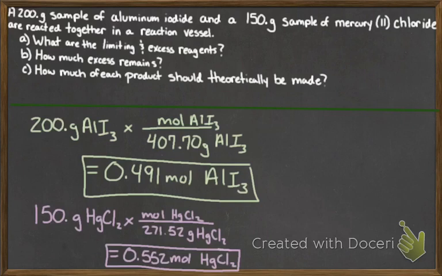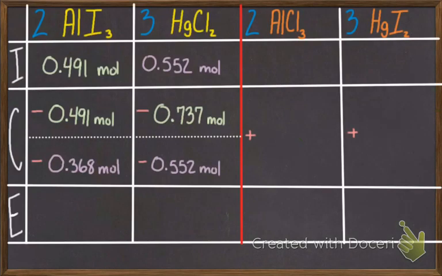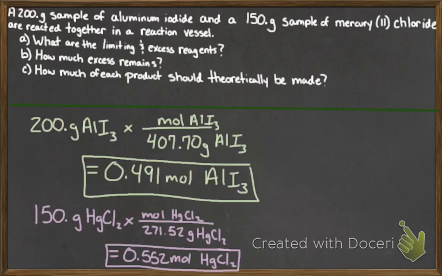This is what you should have calculated for your moles, or something very, very close to these values. Let's go to our ice table and let's fill it out. I guess also fill out your ice table at the same time. I didn't realize that it was on the next slide. So pause the video again, fill out your ice table, and then we'll go over what you should have.